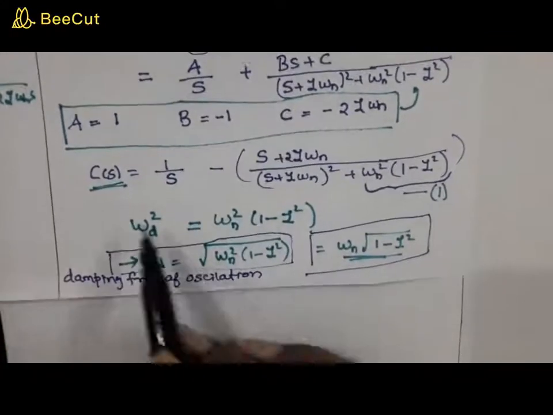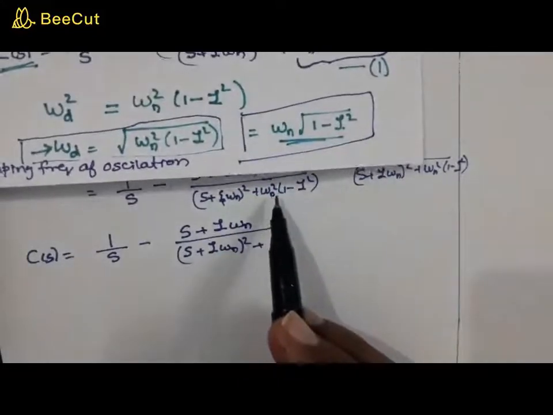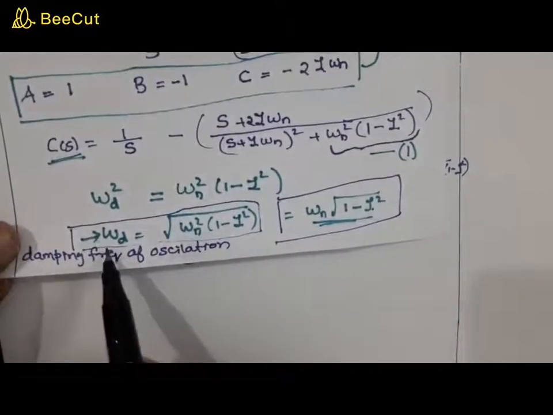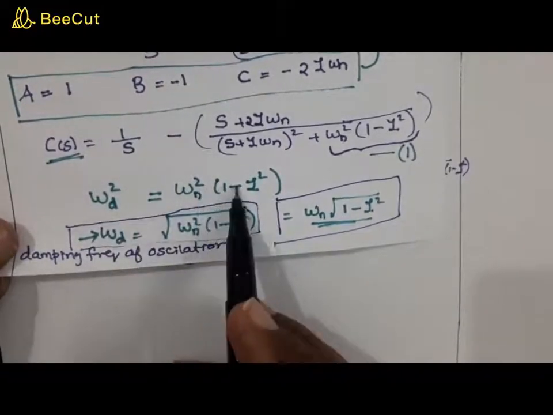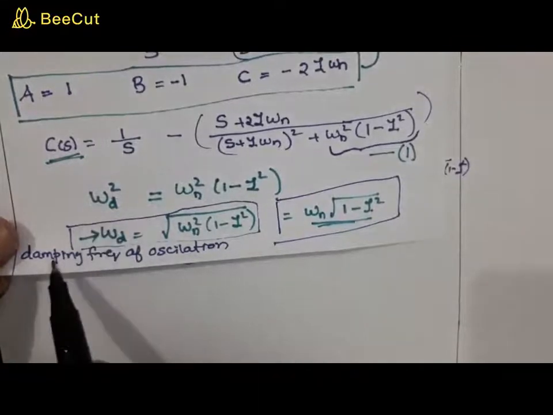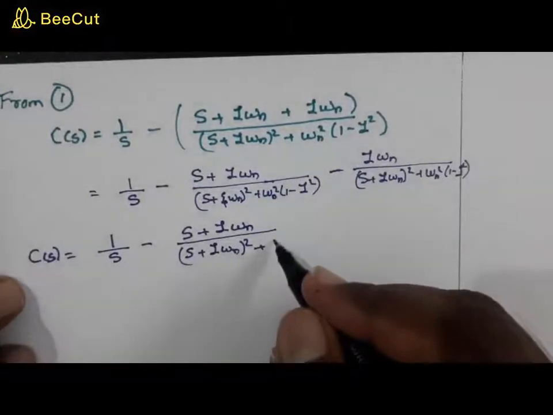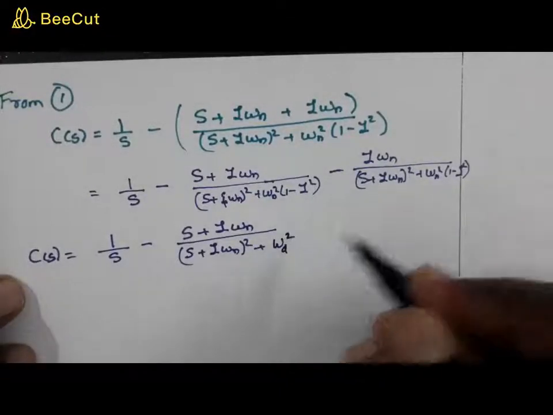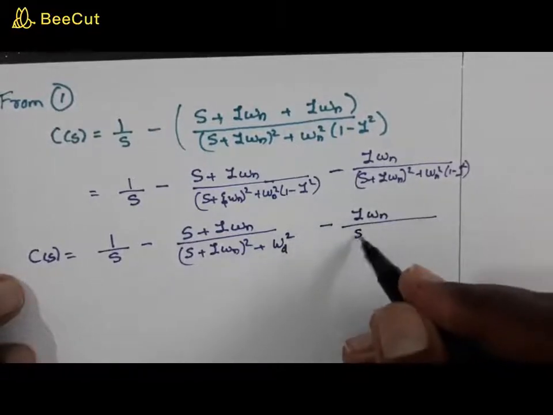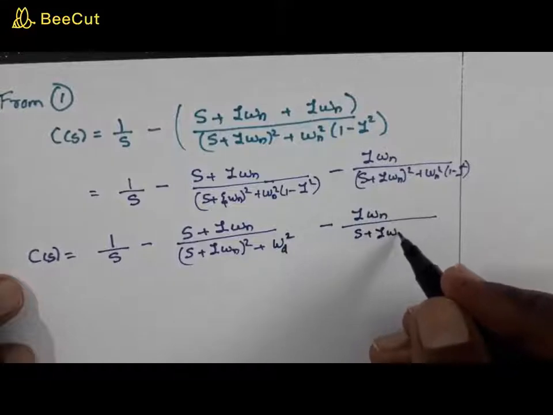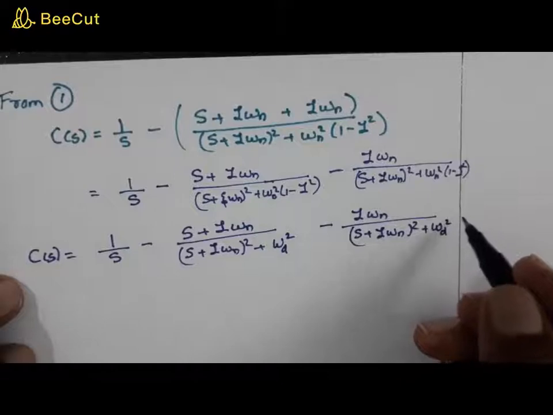Omega n square into 1 minus zeta square can be replaced by omega d square, the square of the damping frequency of oscillation. So you can represent that term as minus zeta omega n divided by (s plus zeta omega n the whole square plus omega d square).